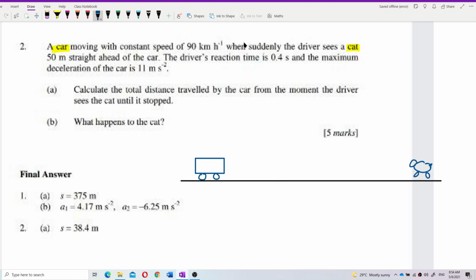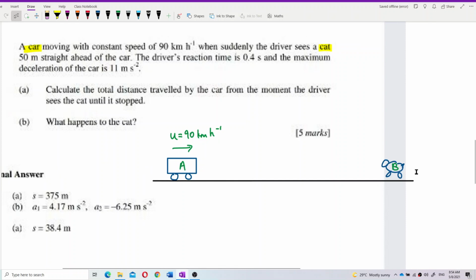Then this car is traveling at this speed, 90 km per hour. So this is the initial speed. When suddenly the driver sees the cat 50 meters ahead of the car, between the car and the cat, I just put this as A, this one as B, easier to identify.